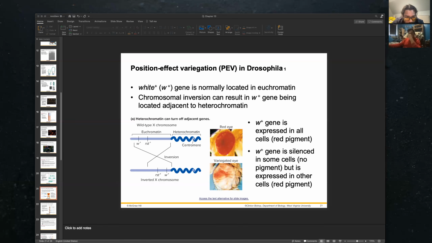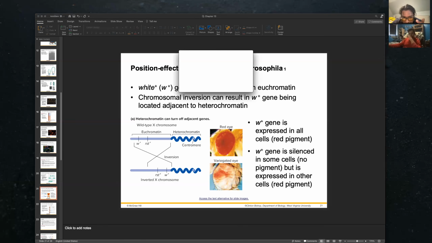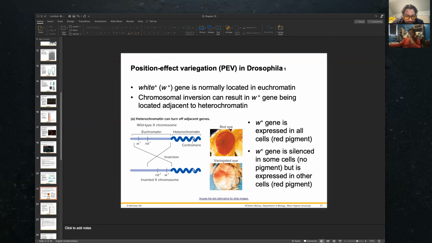Inversion is when the chromosome inverts itself. When it does, you have the white gene closer to the heterochromatin. So what does that mean? It means that it gets silenced.